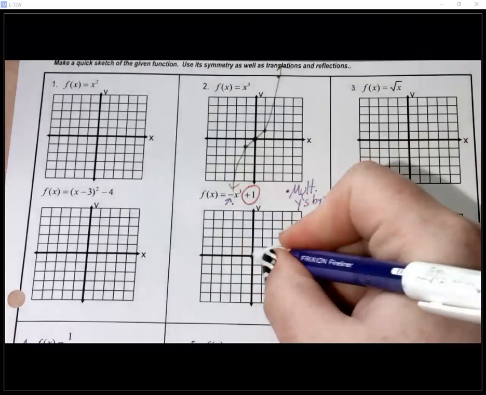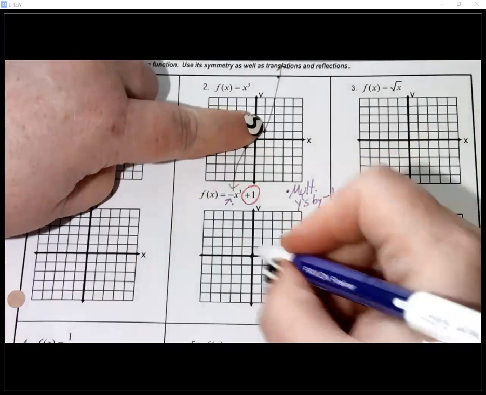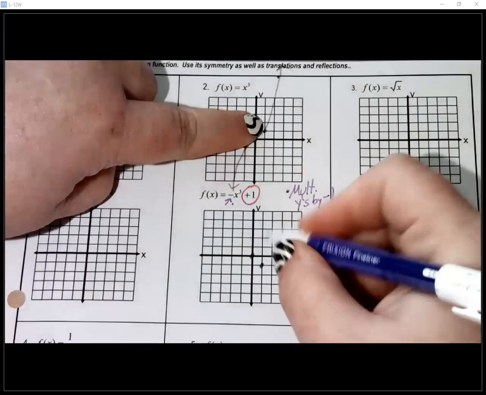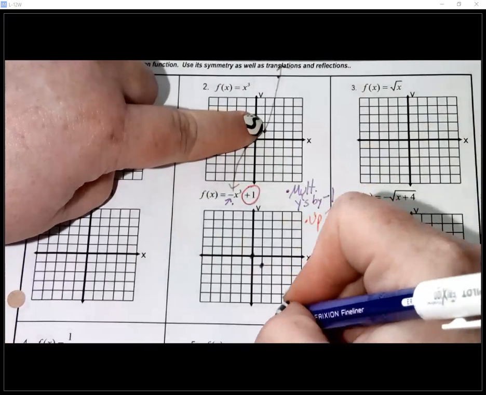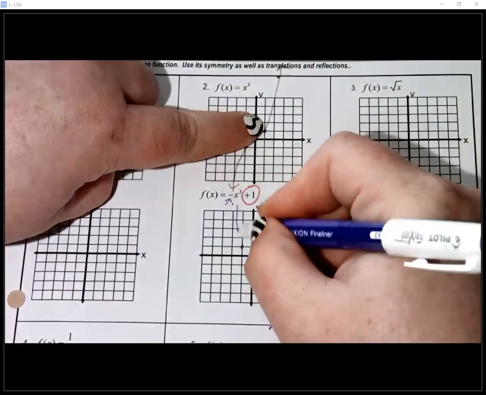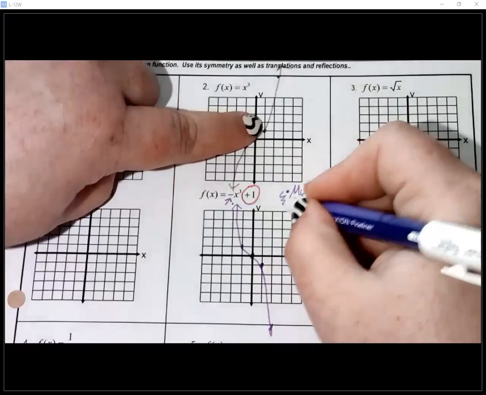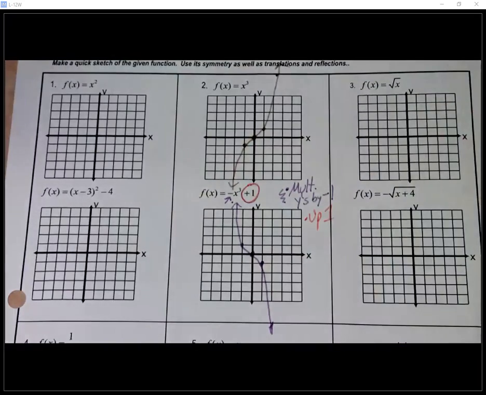What ends up happening on this one, that was at +1, is now at -1. My one that was at +8 is now going to be way down here at -8, and everything gets sort of flip-flopped like that. So there is me doing this part. Now in red, I'm just going to take that and shift everybody up 1.